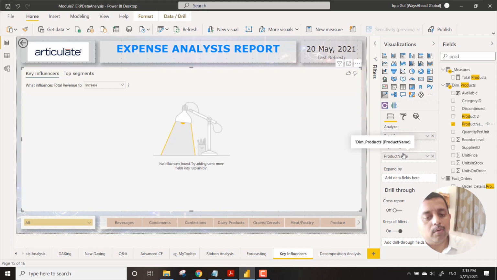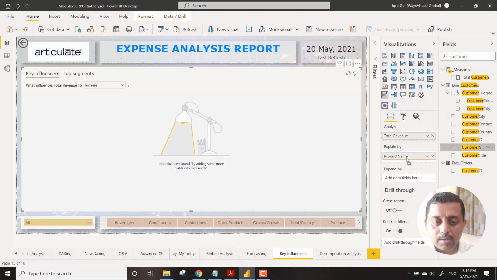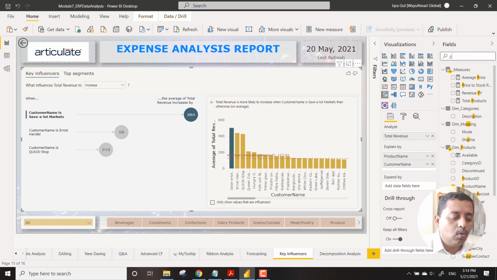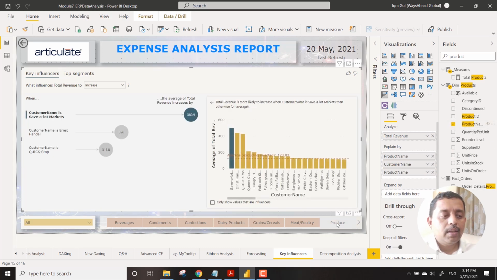Then it says that it is trying to analyze, but I'm not getting any output. So I say, okay, fine, not getting anything from product name, so can I just see it by customer name? So I say analyze it by customer name, and it gives me some analysis. Further, I add product name also, because the more data points you have, the better your analysis could be.